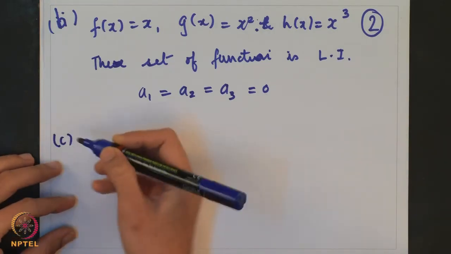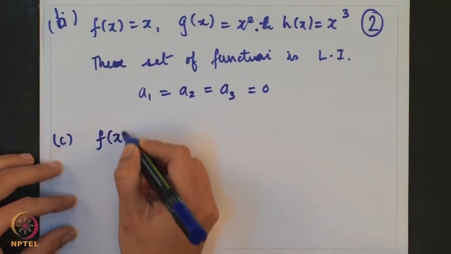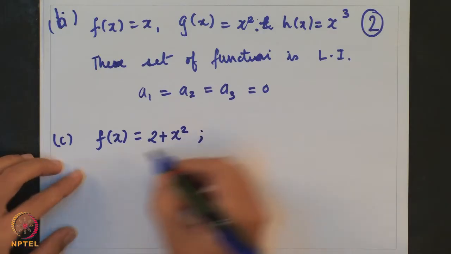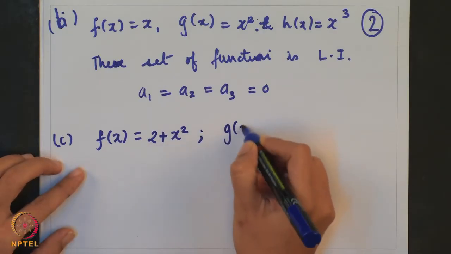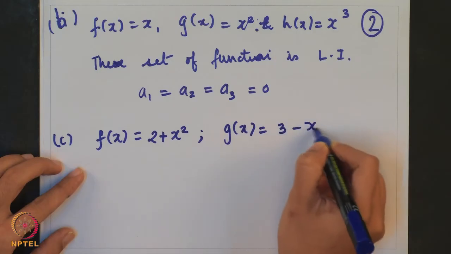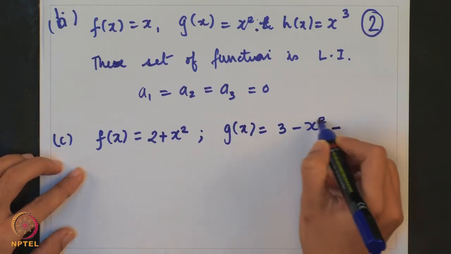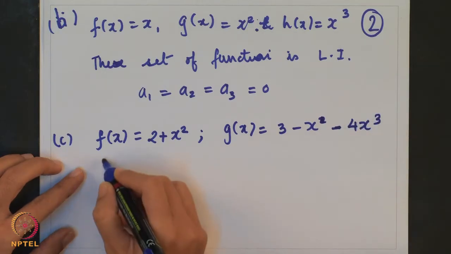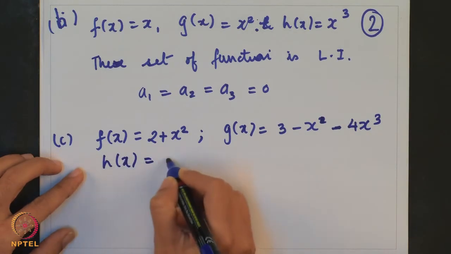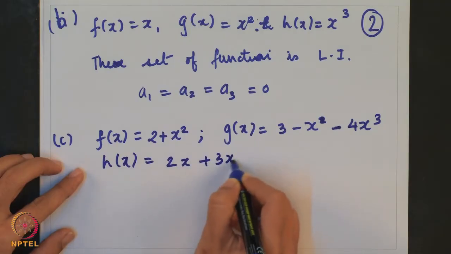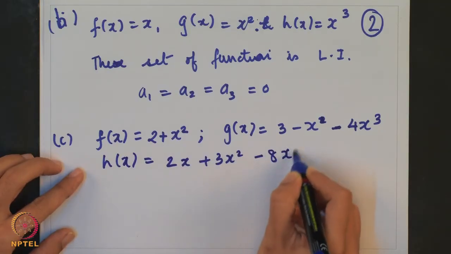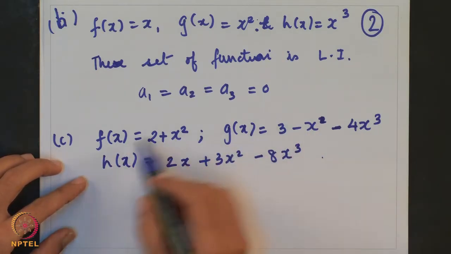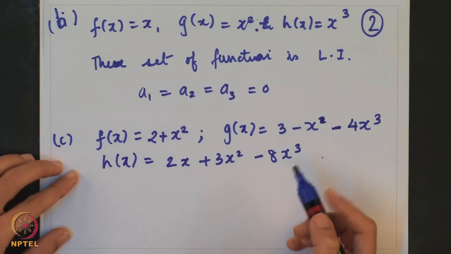In part C again you can easily check that f of x is given, g of x is 3 minus x square, sorry, minus x minus 4x cube, and h of x is 2x plus 3x square minus 8x cube. So you have to check whether it is linearly independent or not.